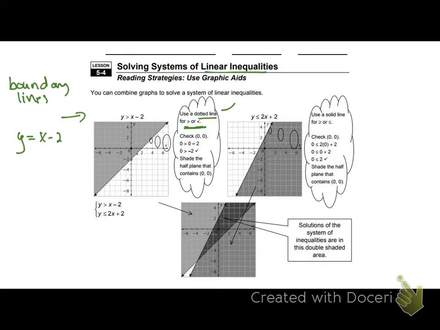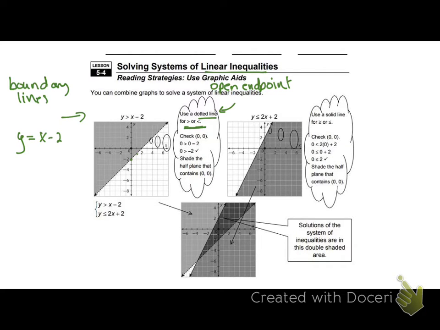Your dotted line is essentially what we would compare as our open endpoint when we were looking at our interval notation. Remember that open endpoints mean that the endpoint is not included. So when we do a dotted line, that means that the dotted line is not included in our solution set.